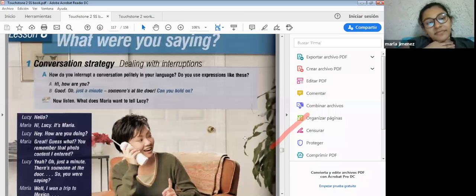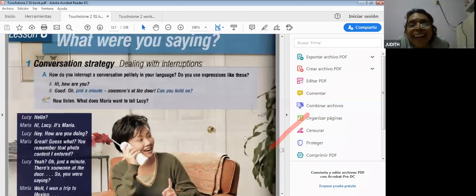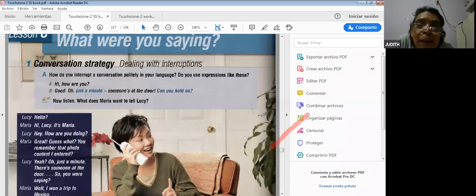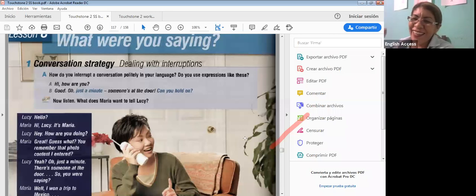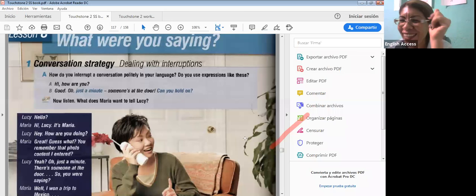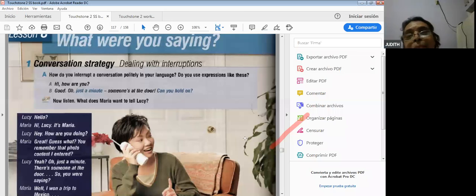Ahorita vengo. Espera, espérame. Voy a tomar agua. Ahorita regreso. Just a minute. Voy al baño. Me hablan mi mamá, mi papá.